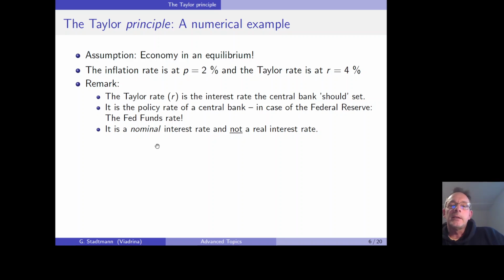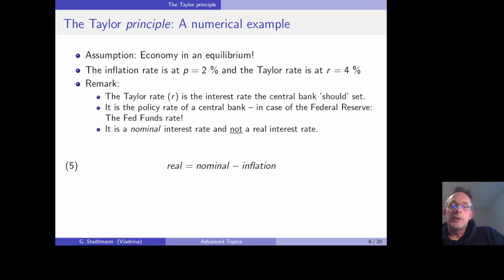So the Taylor rate is the interest rate which is set by the central bank, or the central bank should set this interest rate. And therefore, it is the policy rate of the central bank. And in case of the Federal Reserve, it would be the federal funds rate.